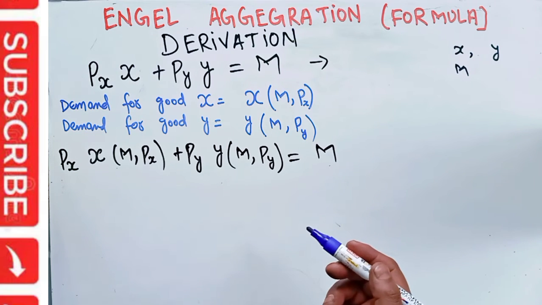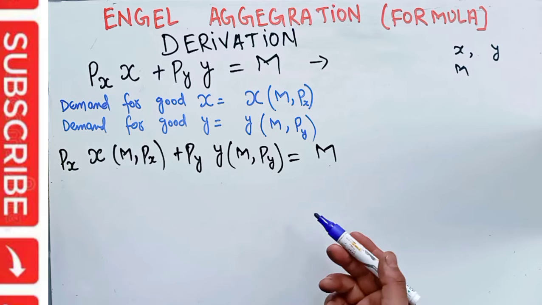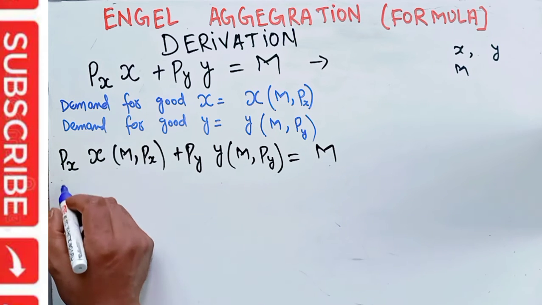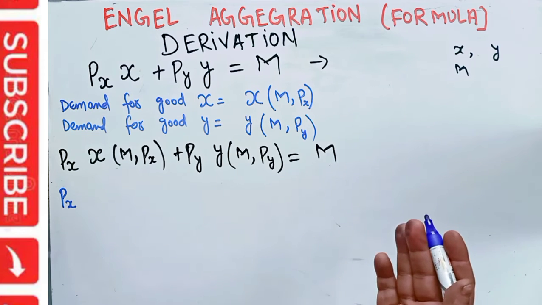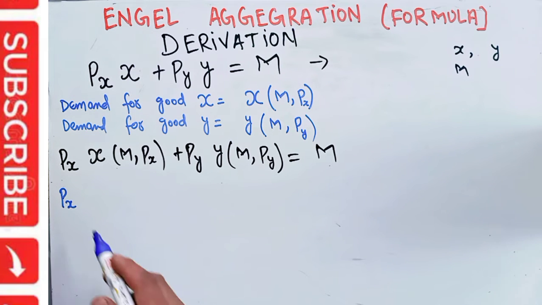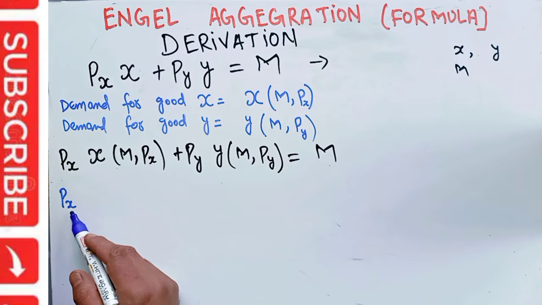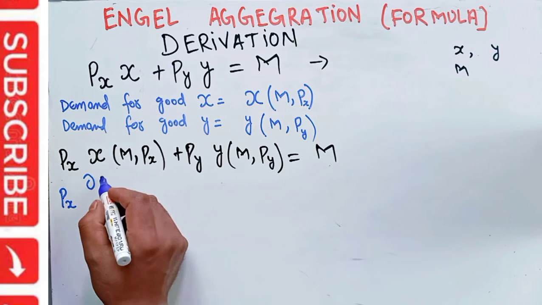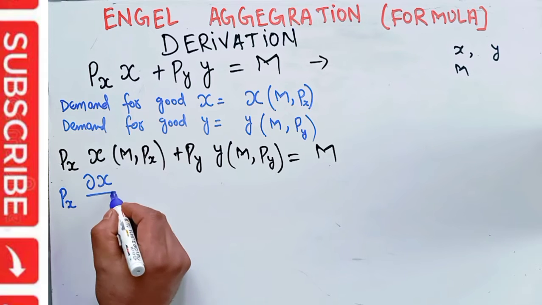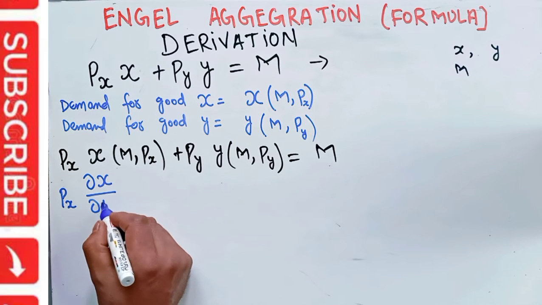Taking the derivative with respect to M, what will happen here? Price of X will remain, as we are taking the partial derivatives with respect to M. So price of X is simply Px, and the derivative of this demand function will be the change in X due to the change in income.